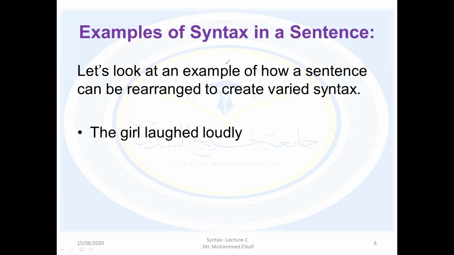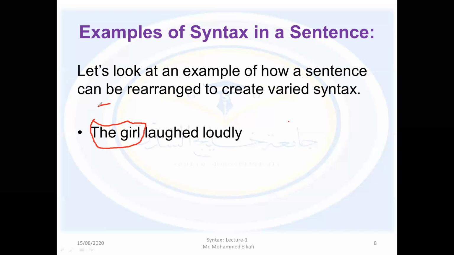So according to the point that we are talking about, the structure and order, we have subject, verb, and adverb. We can think of these words as the subject: the and girl are an article and a noun, and they work as a subject.